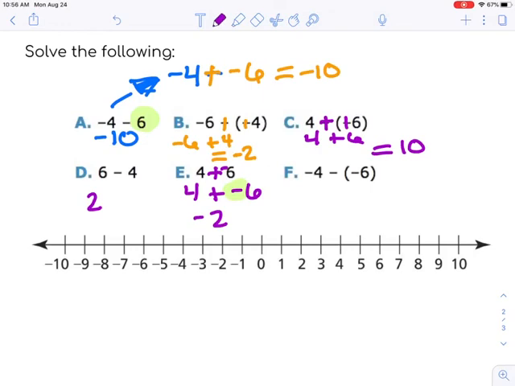And last one, negative 4 minus negative 6. I'm going to change the negative to a positive. And I'm going to do the opposite of negative 6, which is positive 6. So I'm left with negative 4 plus 6. Again, we're subtracting here. 6 minus 4 is 2. However, this time the larger number is positive. So my answer remains positive here.